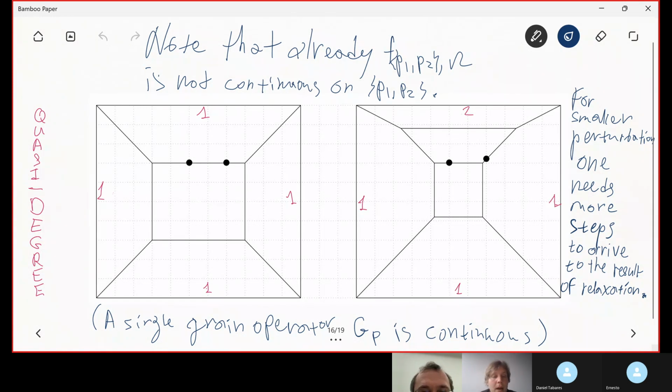So you have some discriminant, and I think it's upper semi-continuous, but maybe lower semi-continuous. It's one of the two.